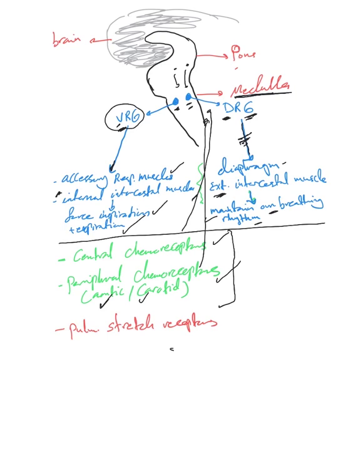Let me talk quickly here, before we come to the pulmonary stretch receptors, that believe it or not, the most important factor in regulating our breathing is the CO2 level in the blood and hydrogen ions. And as you know, these two go hand in hand. When CO2 goes higher, hydrogen goes higher, and the body gets acidotic.